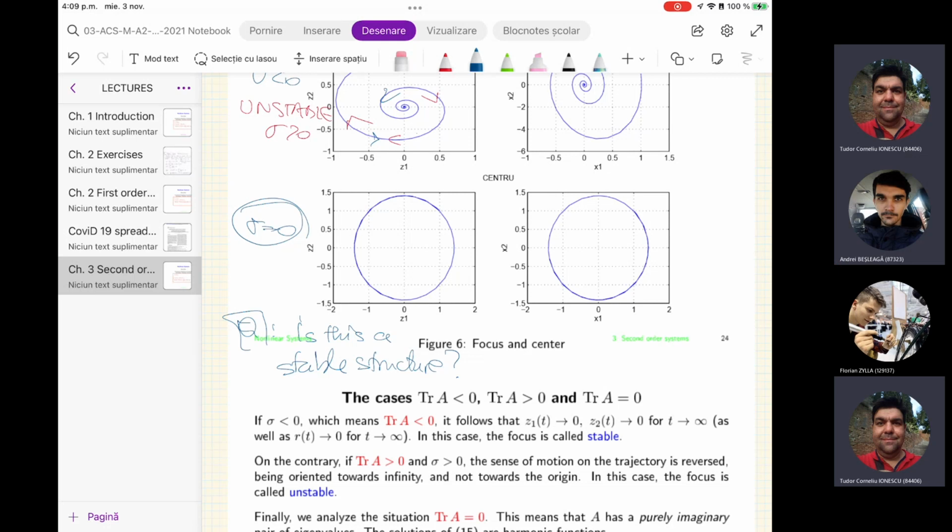Maybe bounded input, bounded output stability. No, you can't say anything because if you remember correctly, when you have eigenvalues on the imaginary axis, you're almost unstable actually, because you get oscillations in time. You agree? My question is this: I'm not talking about the stability of the equilibrium point.